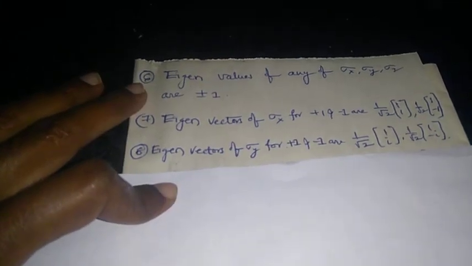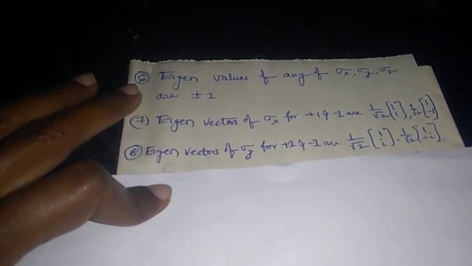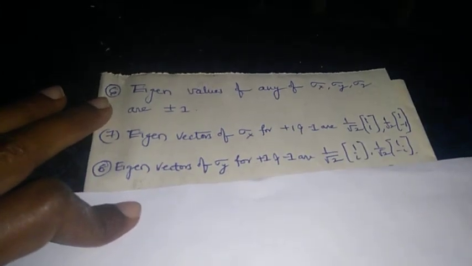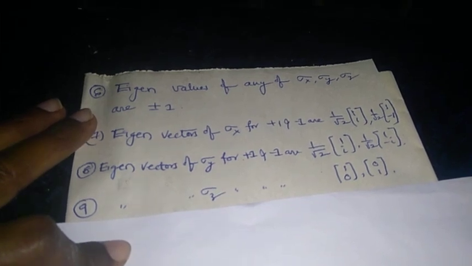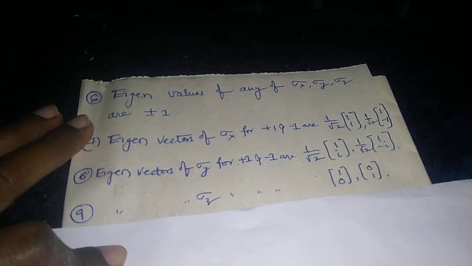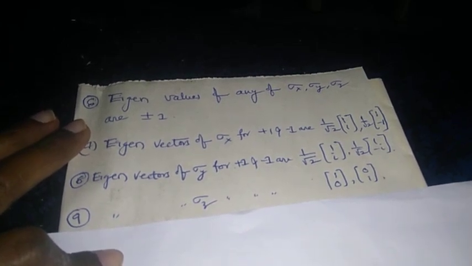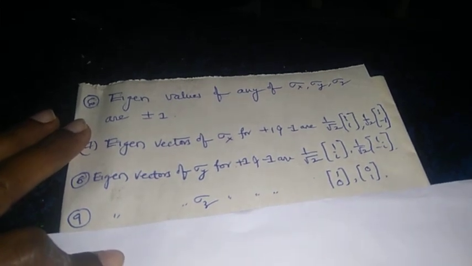And for sigma y, for plus 1 it is 1 over square root 2 into 1 i, and for minus 1 eigenvalue it will be 1 over square root 2 into 1 minus i. And for sigma z, we can take the eigenfunction for eigenvalue plus 1 as 1 0, and for minus 1 eigenvalue it can be taken as 0 1.